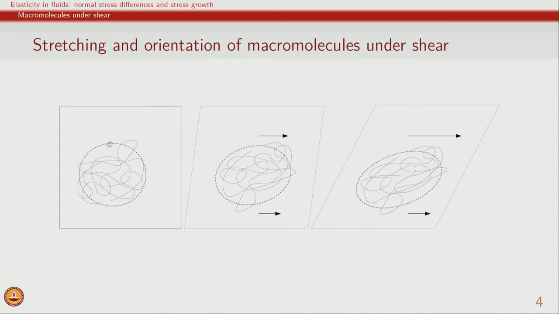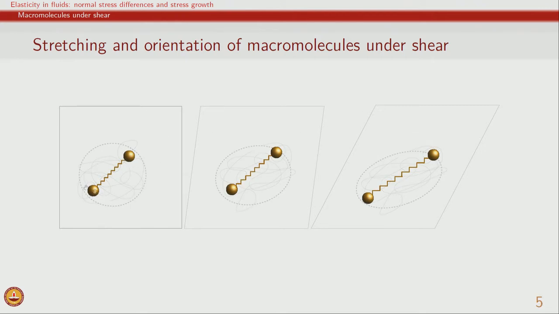Macromolecules at equilibrium can be considered to be a spherical blob because the macromolecule is coil like, and under shear, because some segments of the polymer are dragged faster because of the overall shear flow, we have stretching and orientation of macromolecules.